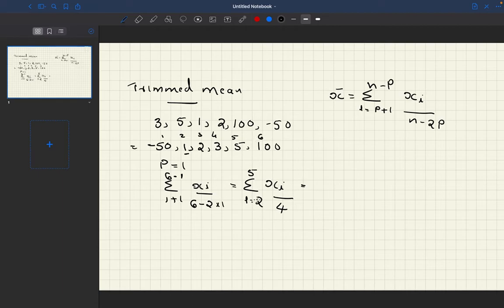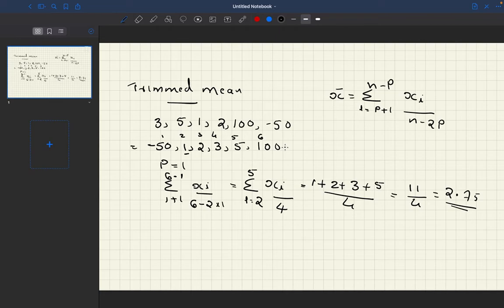So we will be starting from 2, that is 1. We will be taking 1 plus 2 plus 3 plus 5 divided by 4. So this will be 11, 11 by 4, which is equal to 2.75.